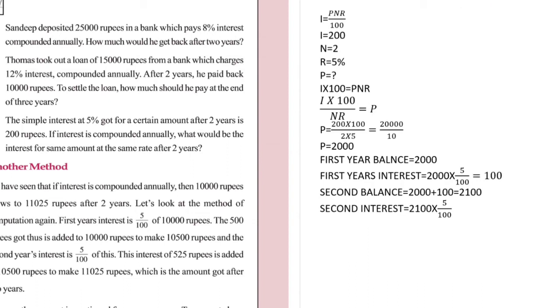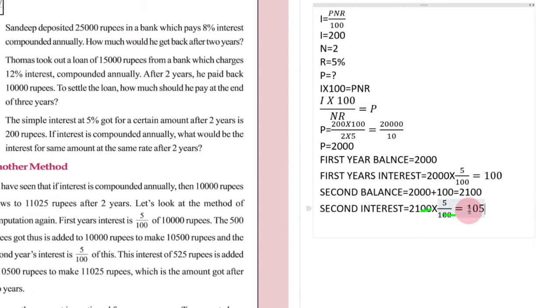Let us cancel the 2 zeros. Then here we have 21 into 5. What is 21 into 5? 21 into 5 is equal to 105. Then what will be the amount?